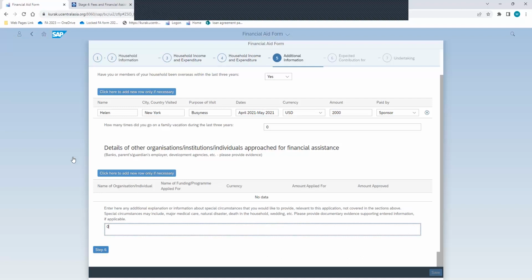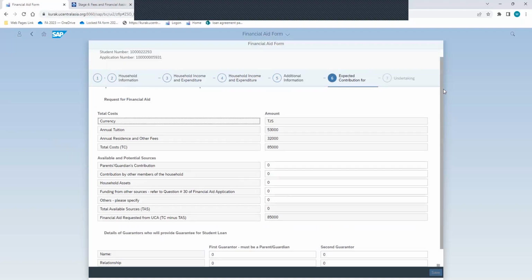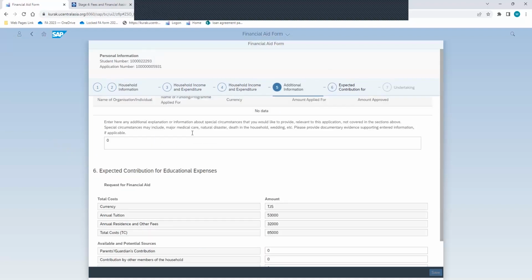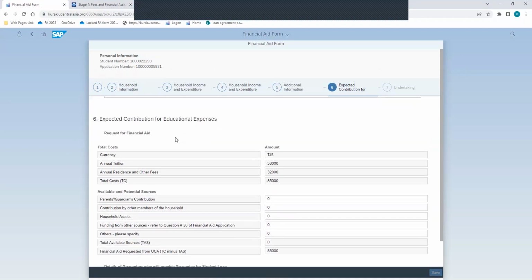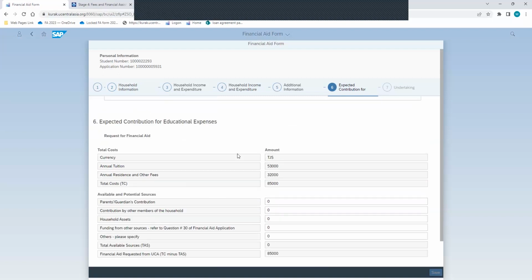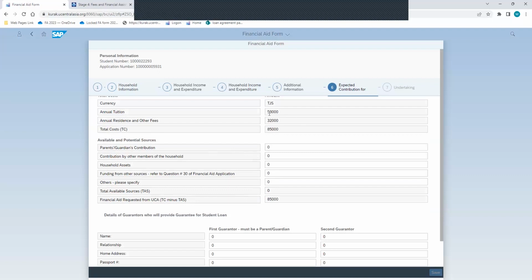Click on step 6, and it is taking us to the contribution of educational expenses. Let's say for Tajik citizens, the total cost to study at UCA is 85,000 TJS, from which the annual tuition is 53,000 and residence and other fees is 32,000.